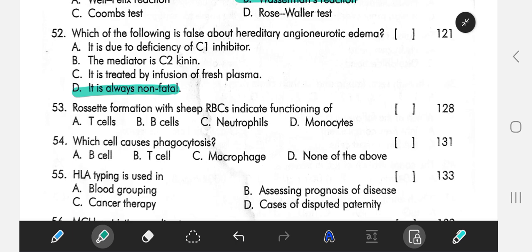Question number 53. Rosette formation with sheep RBC indicates functioning of option A. T cell, B. B cell, C. Neutrophil, D. Monocyte. Answer is A. T cell.